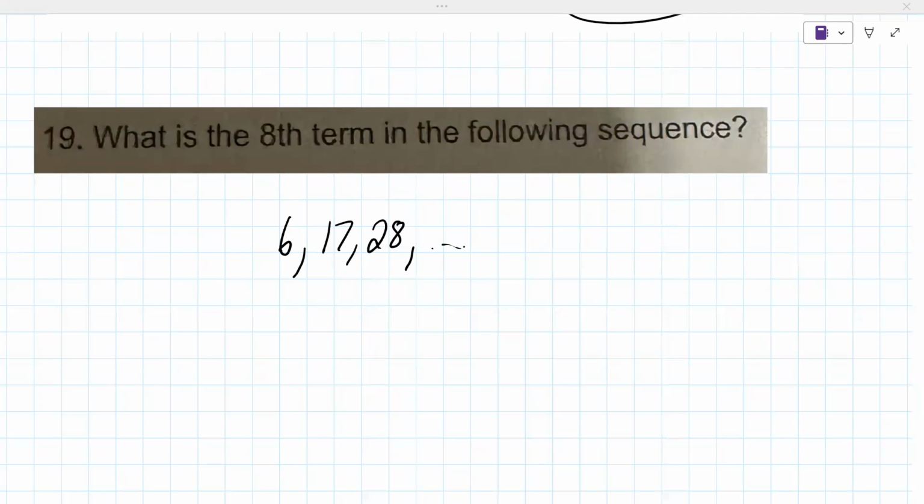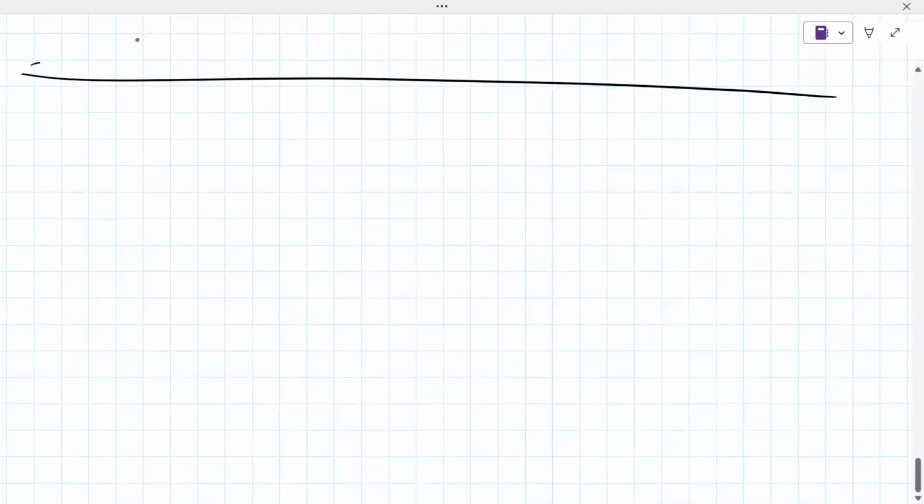You said 83? Yeah, that's correct. And you just wrote them all out? Or did you use a formula? No, I just added. I realized that it went up by 11 each time, and then I realized that the second numbers kept making a pattern, so I just went by that. Yeah, it does work.